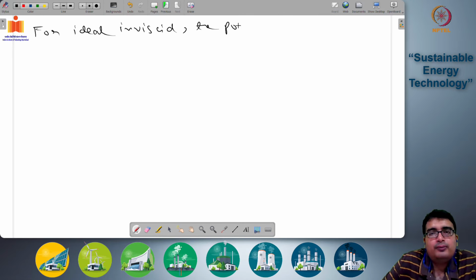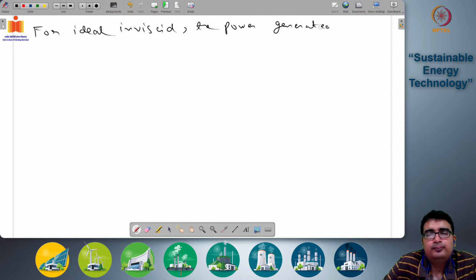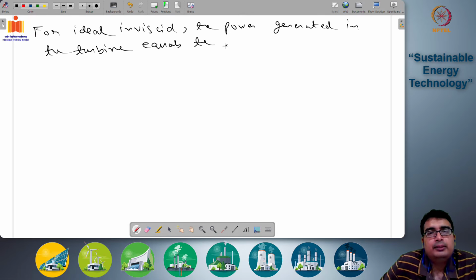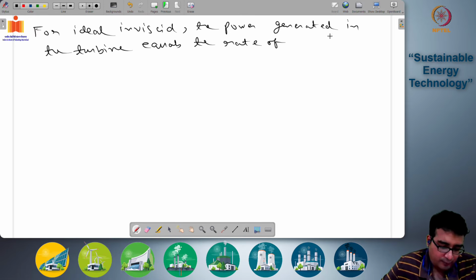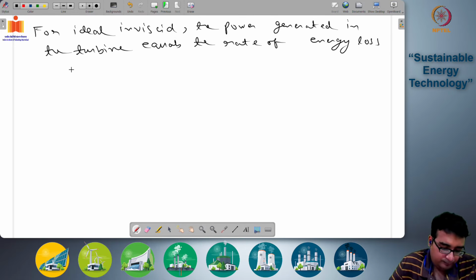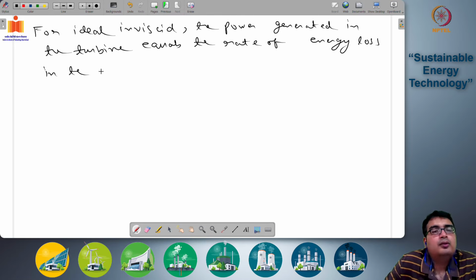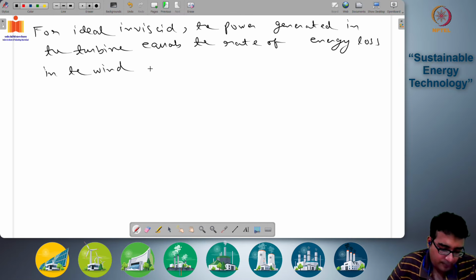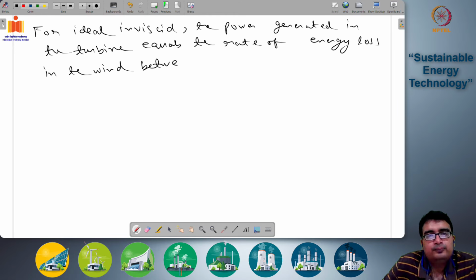The power generated in the turbine equals the rate of energy loss in the wind between upstream and downstream.